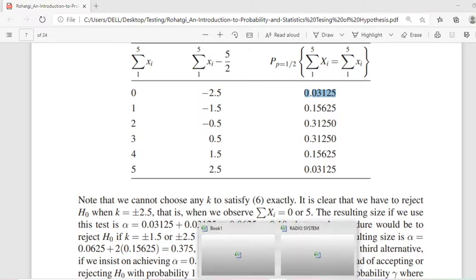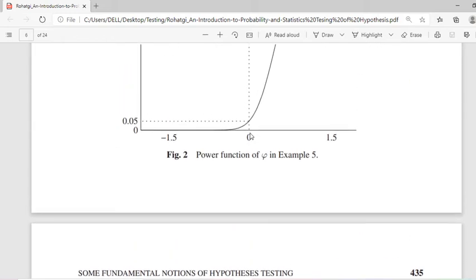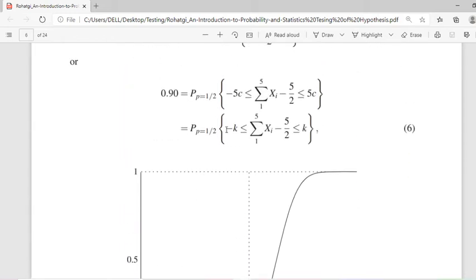Just look at this value, it is given here. That is only 0.0625, so that is less than 0.1. The region which satisfies equation number 6 has more than 0.9.